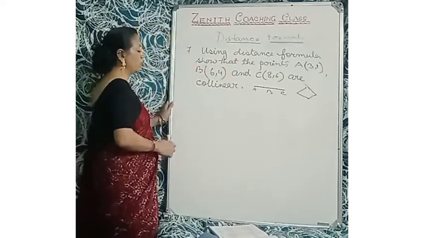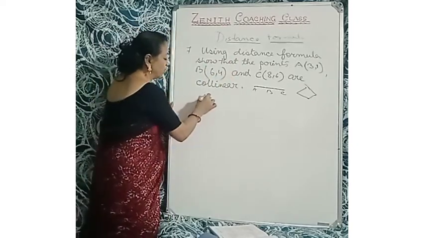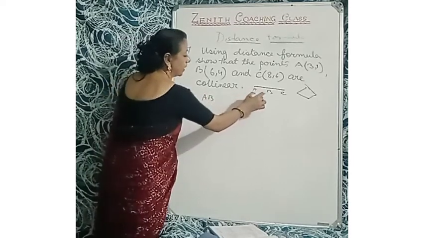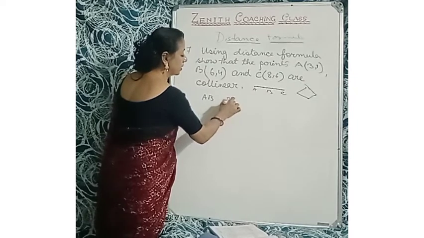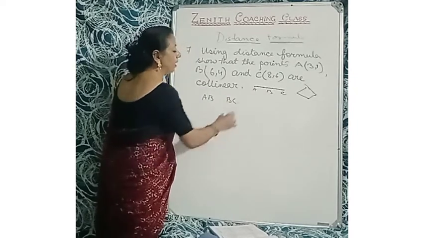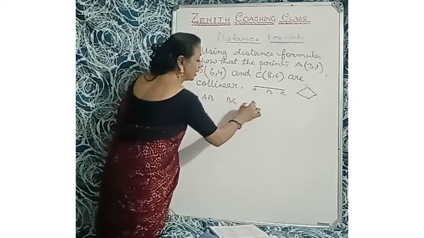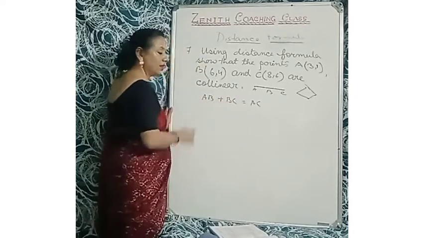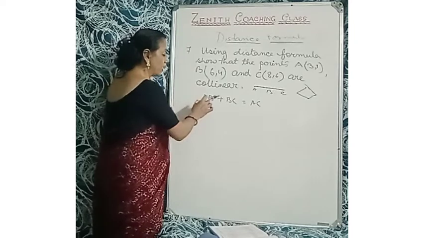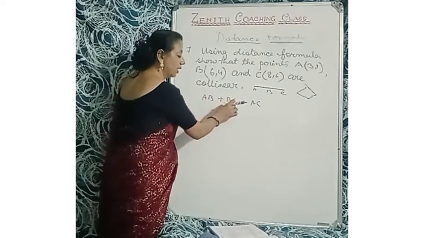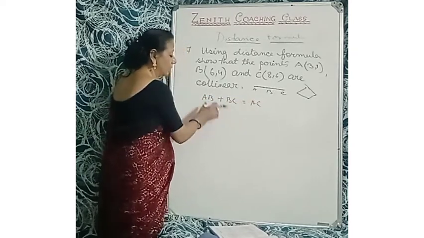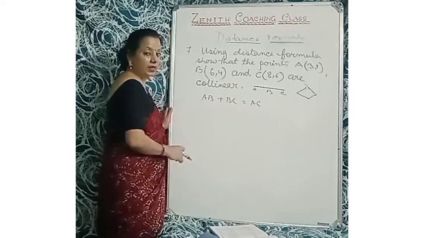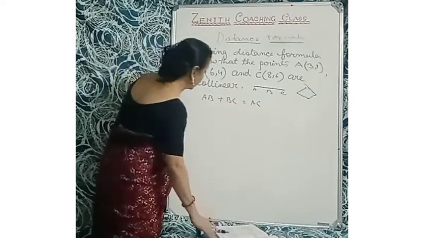First you have to find out AB, then BC, and then AC. If AB plus BC equals AC, then they are collinear.